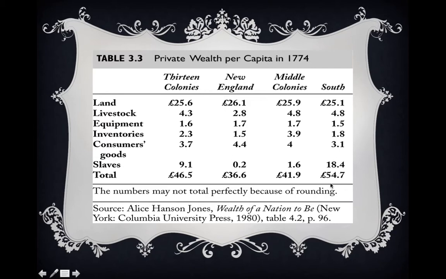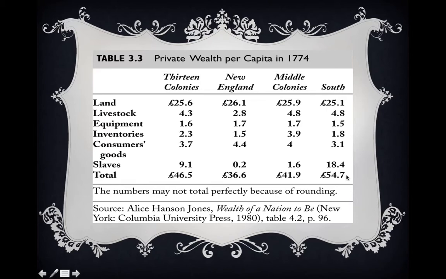So it's wealthier than the middle colonies, and that's from the previous estimates that we took a look at. What we talked about previously holds, that New England was the least wealthy. Wealth started to increase as we went to the middle colonies, and then the wealthiest portion of the colonies was the South. So this information is still consistent, that the further south you went in the colonies, the wealthier it generally got to be.